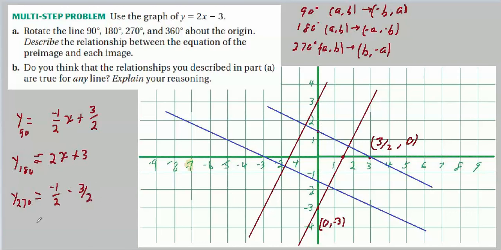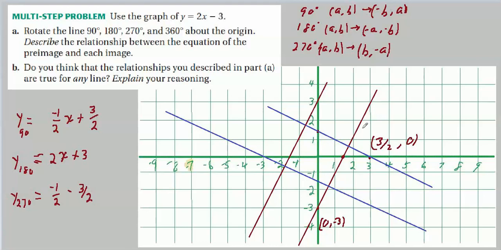What about 360? Well, gee whiz. A 360-degree rotation is the same. Well, think of it as a 90-degree rotation from 270. Here's 270. If we rotate this point up 90 degrees, we end up right here. We rotate this point down here 90 degrees, and we end up right here, which puts us right back at our original line.